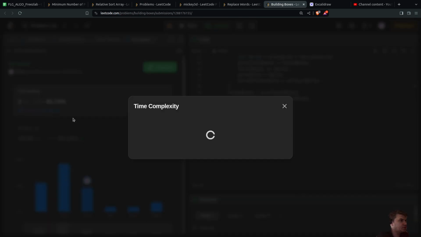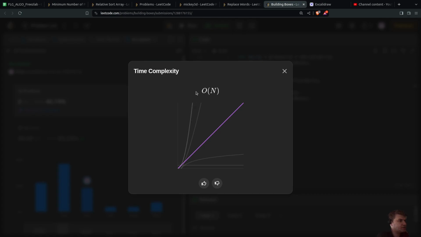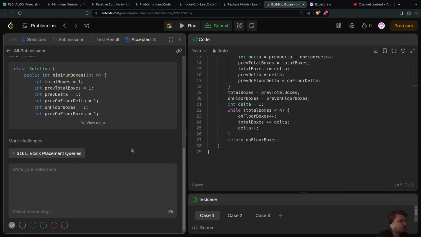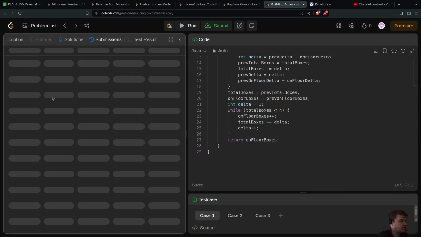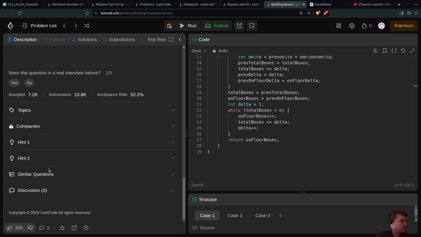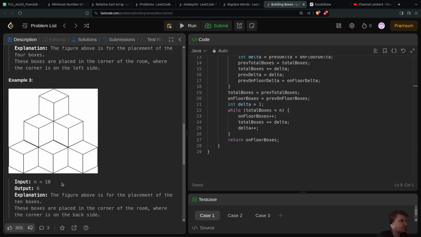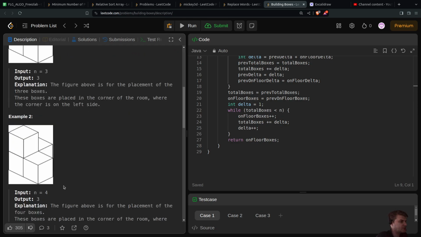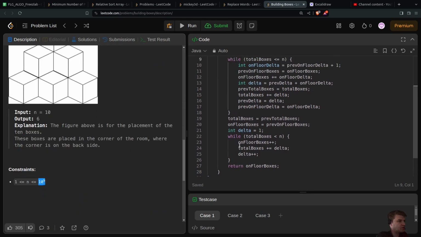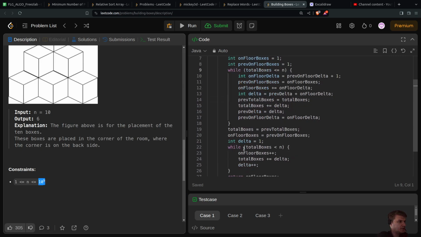So the time complexity. LeetCode suggests to me that it's O of n time complexity, but actually it's not, because if it were O of n for n equal to 10 to the power of 9, it would complete within seconds. So it's definitely not O of n complexity here.